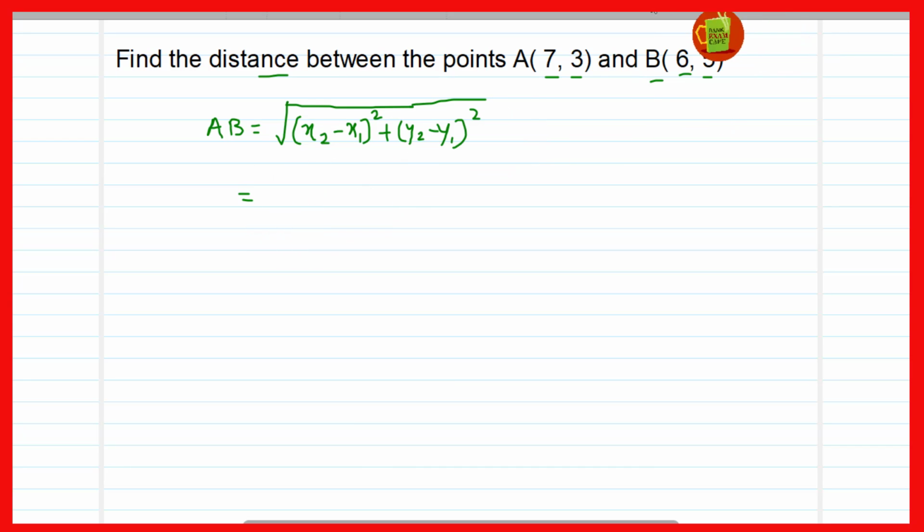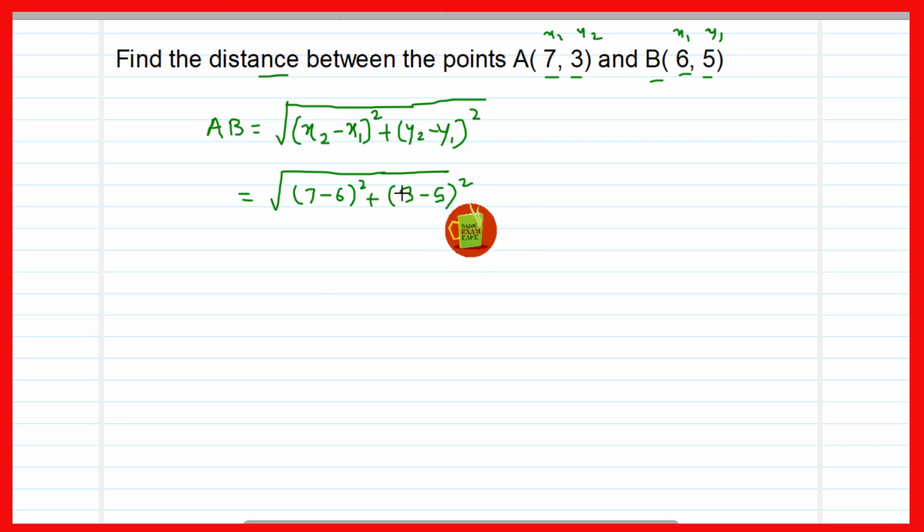Which is equal to x2 minus x1, that is 7 minus 6. If you take this as x1, y1 and this as x2, y2, then it will be 7 minus 6. So square root of (7 minus 6) squared plus (y2 minus y1), that is (3 minus 5) squared.